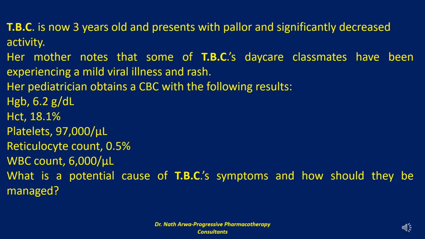TBC is now 3 years old and presents with pallor and significantly decreased activity. Her mother notes that some of TBC's daycare classmates have been experiencing a mild viral illness and rash.